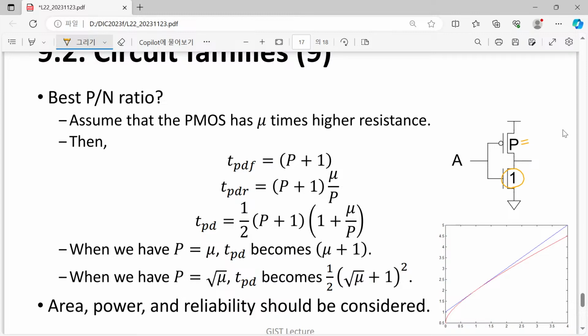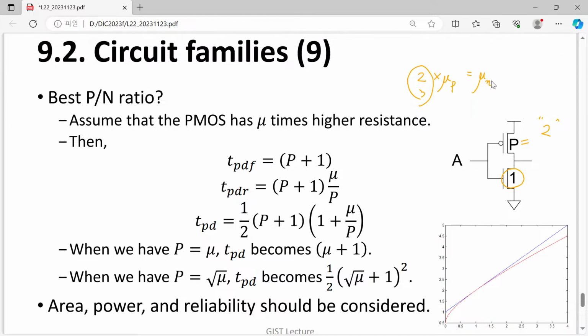So we typically take this number 2 under the assumption that the mobility of our PMOSFET is about 2 or 3 times lower than that of NMOSFET. So therefore, we must match it. Why do we have to match it?